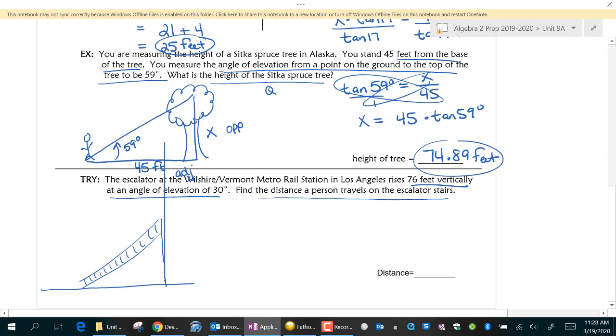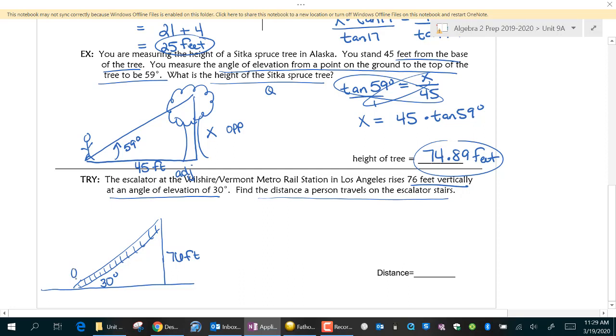And I'm going to draw a triangle. So it says that the escalator rises 76 feet vertically. So this is going to be my vertical distance here. And it rises at an angle of elevation of 30 degrees. And we want to find the distance a person travels on the escalator stairs.